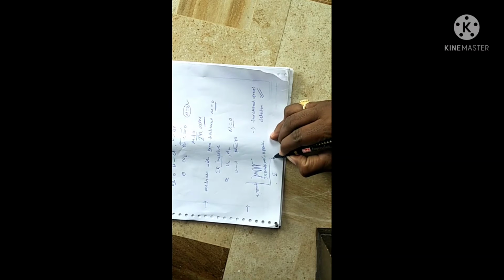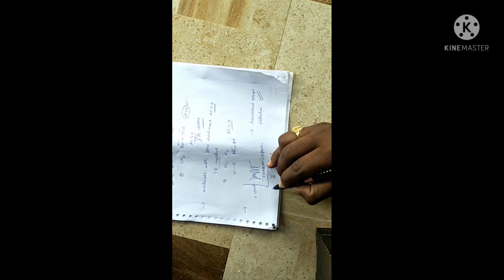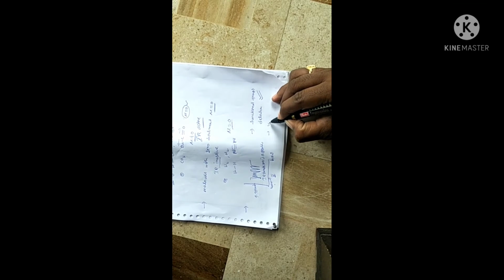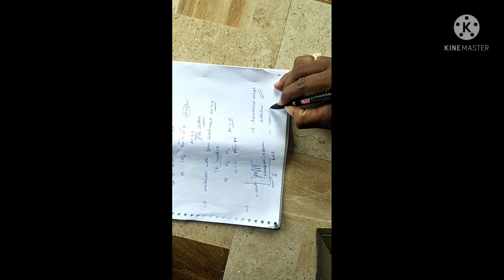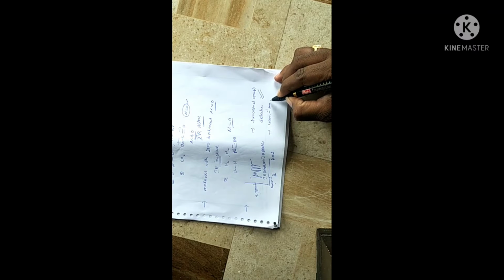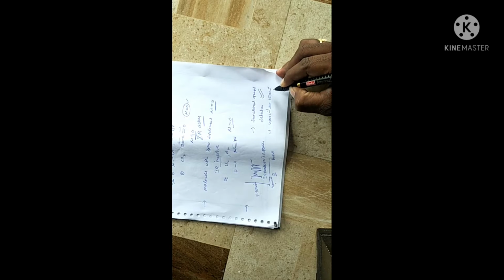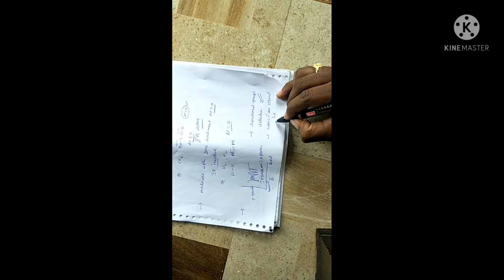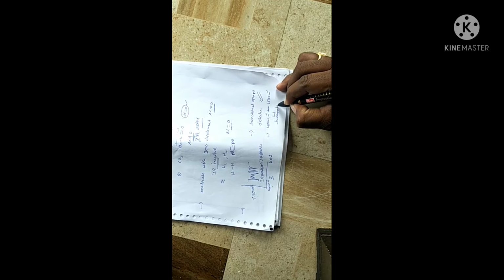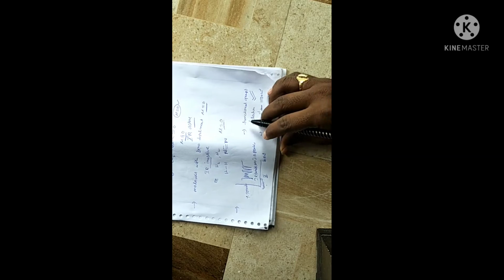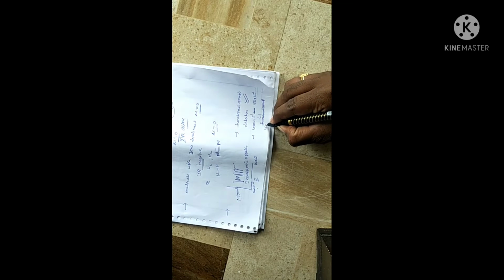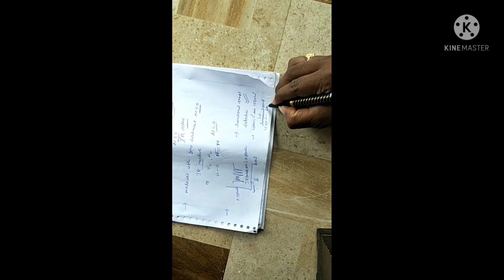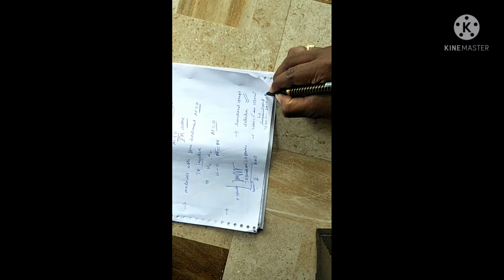Of this total, between 4000 centimeter inverse to 1500 centimeter inverse is called the functional group region. And 1500 centimeter inverse to 600 centimeter inverse is called the fingerprint region.